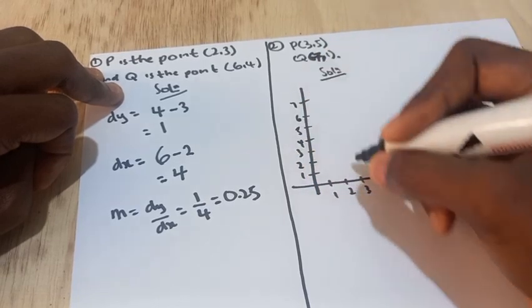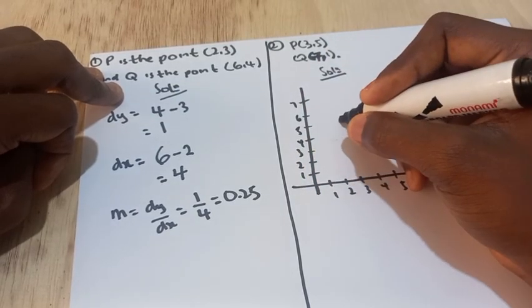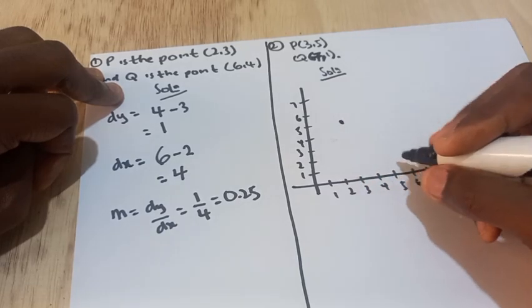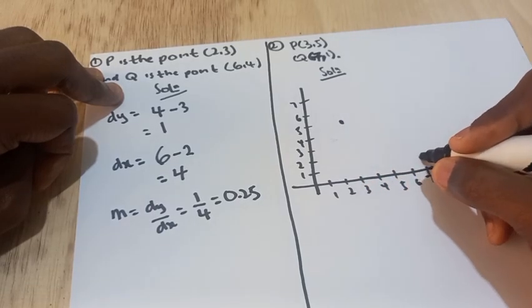This 3, 5, that's this point. 7, 1. That's this point.